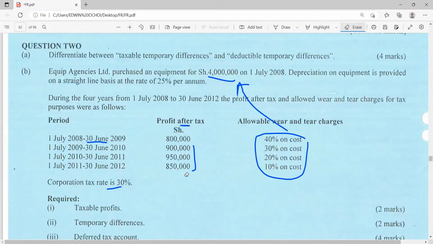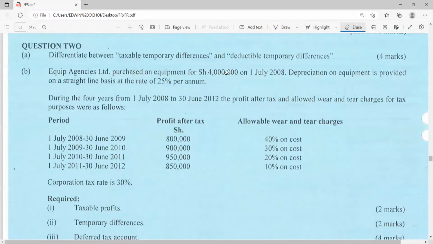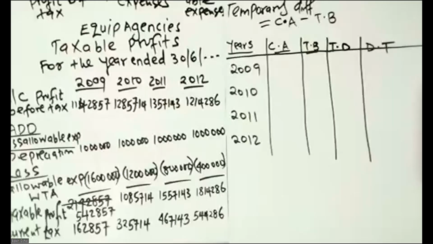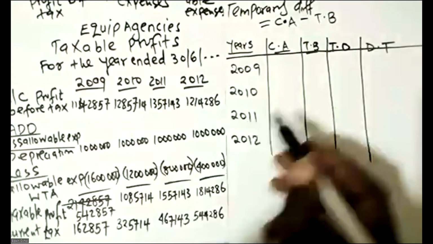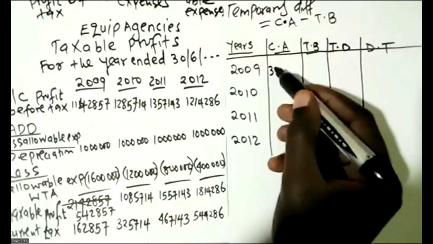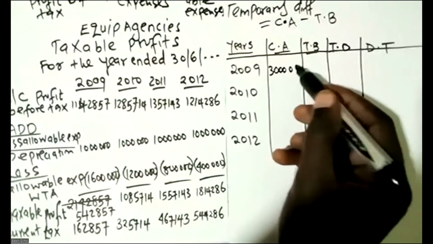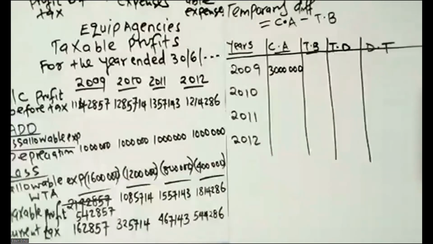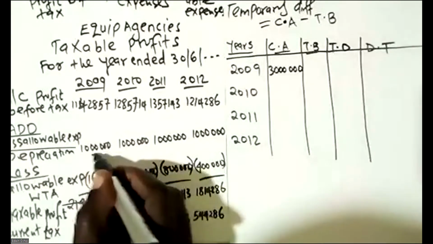So for the first carrying amount, I take the cost, which is 4 million, minus accumulated depreciation. So in the first year, it is 4 million minus 1 million. It will be 3. Because it's 4 million minus 1 million. So 1 million is this one.